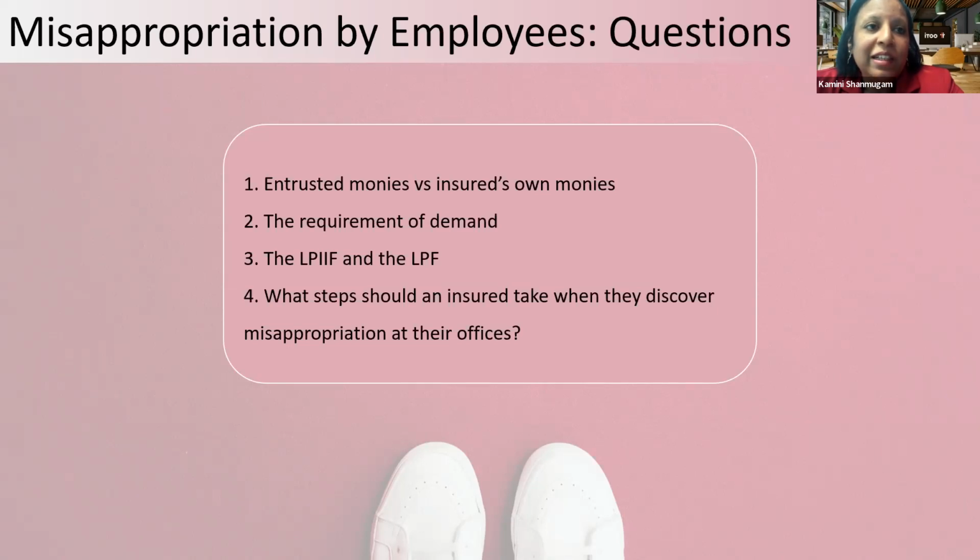So as I said, these types of misappropriation claims are very easily avoided if the insured puts proper protocols into place. For example, internal audit protocols, making sure that one employee does not control a transaction from cradle to grave. And yes, these types of internal controls should be in place for the insured.